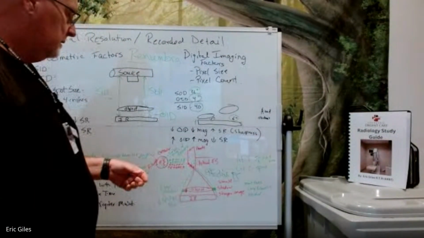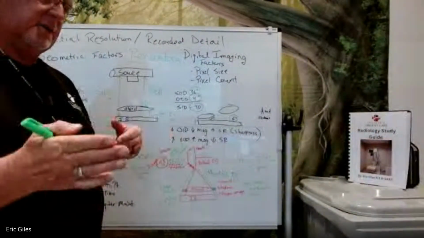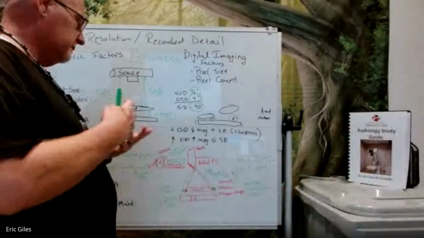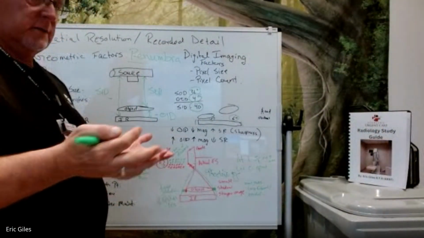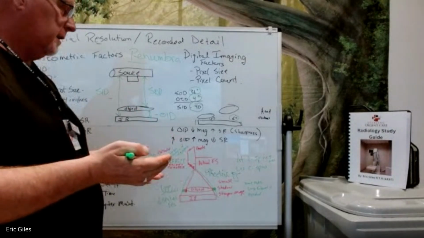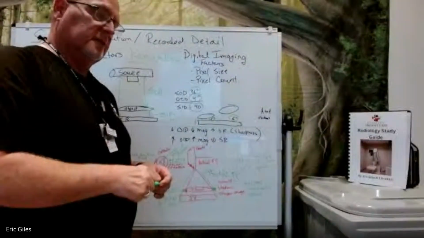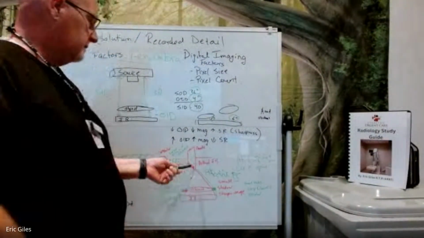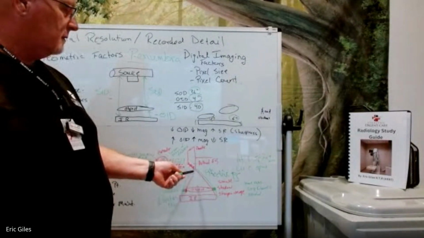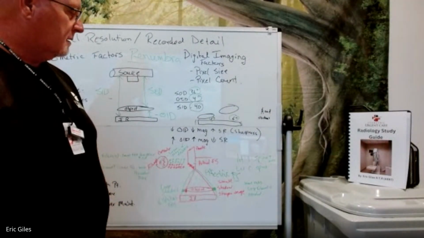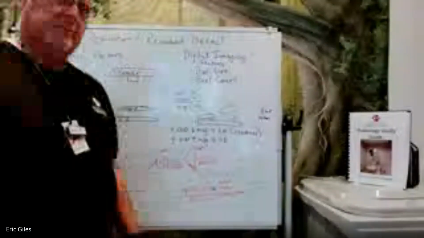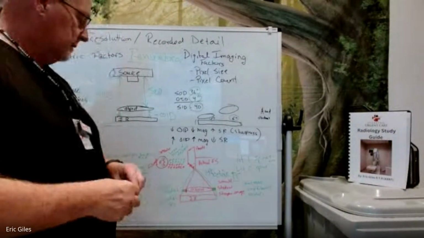So anything under 10 to 12 centimeters or 4 inches, you're going to use a small filament or small focal spot. Anything above that, we're going to use a large focal spot, which is going to allow us to send more electrons over here to the focal spot on the anode, and it's going to produce more X-rays.